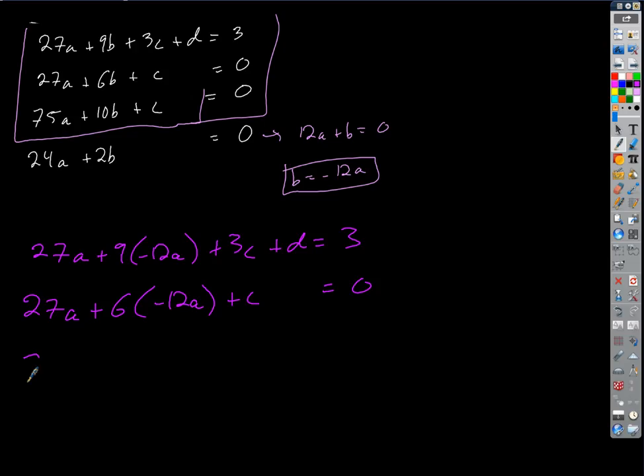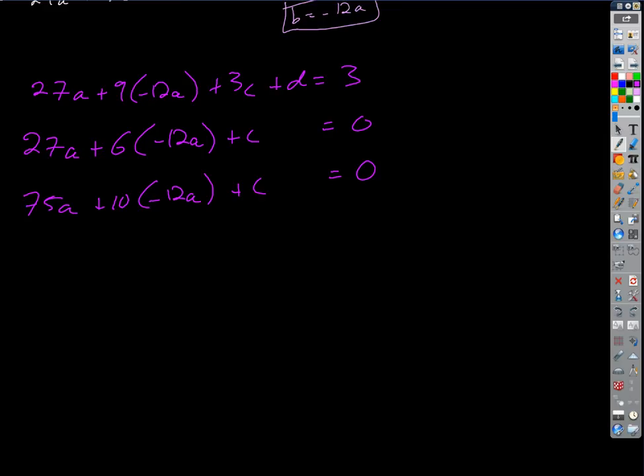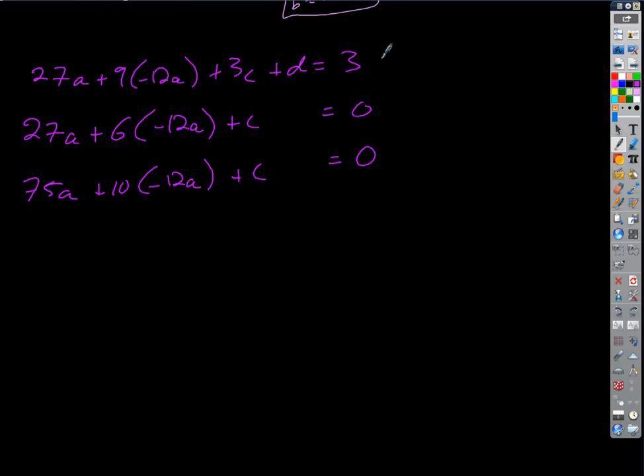This guy is 75A plus 10 times 12A plus C equals 0. And if we clean that up just a little bit, that becomes the 3x3 system.